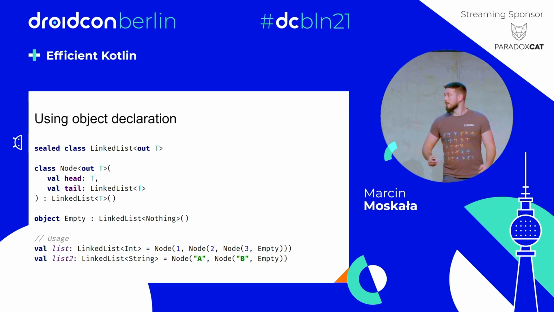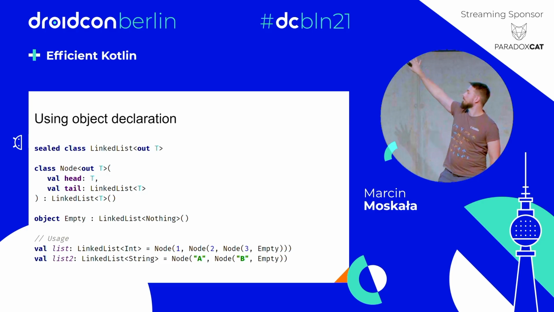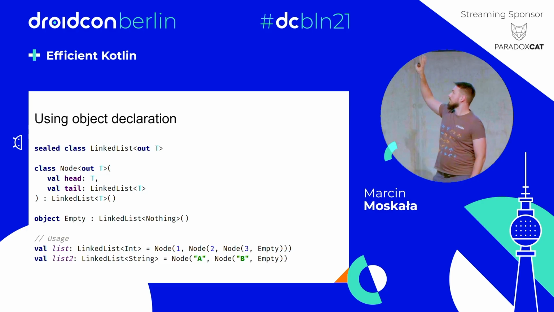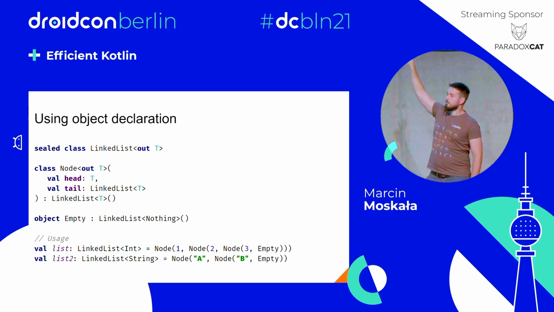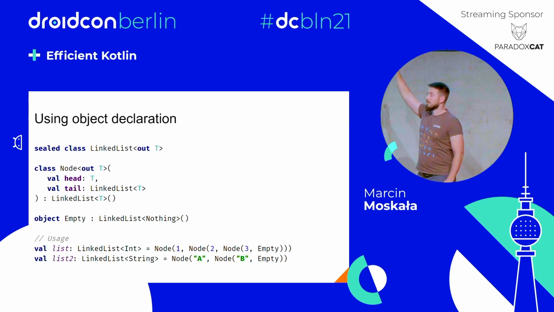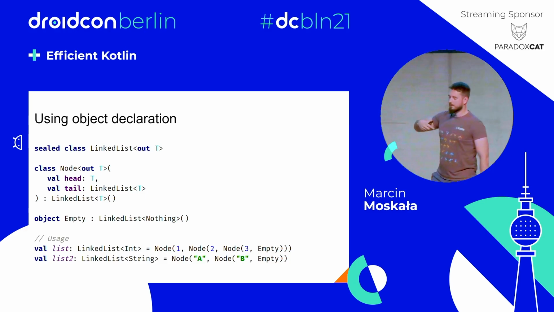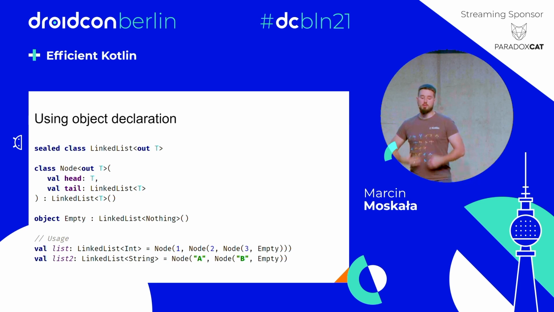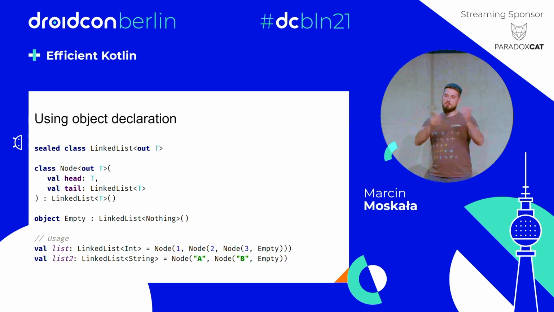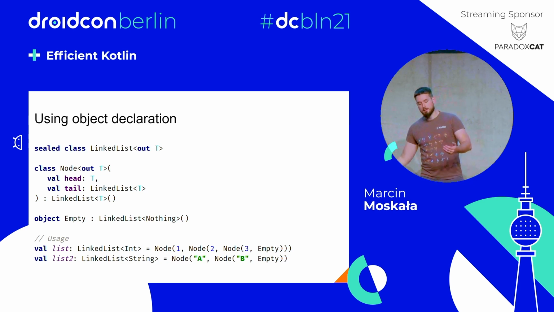Notice that in this case, this is a very common practice. We have a generic type argument, and we need to make it covariant, that is using the out modifier, and then we make the object a subtype of LinkedList with a Nothing type argument to make it work. Nothing is a subtype of everything, so thanks to covariance, LinkedList of Nothing is a subtype of all the linked lists.